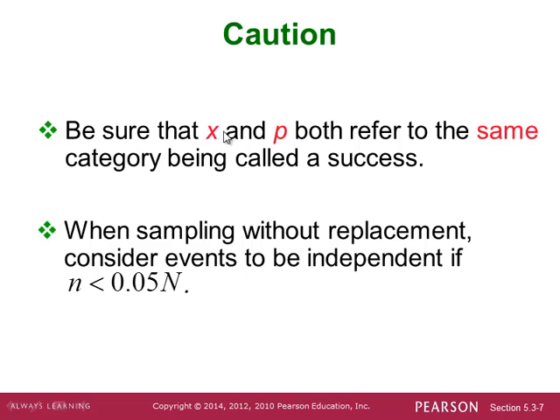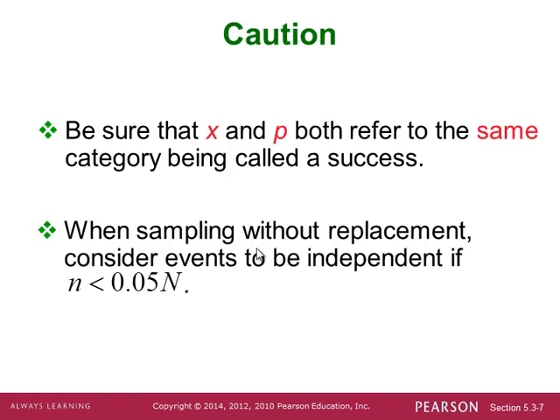And just to be sure, x is going to count the number of successes. Little p is going to be the probability of one success. So whatever outcome you're calling a success, x and p need to be referring to the same sort of category. And this second bullet here goes back to what I had just told you earlier.